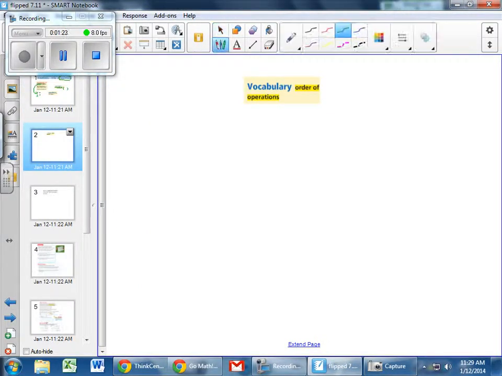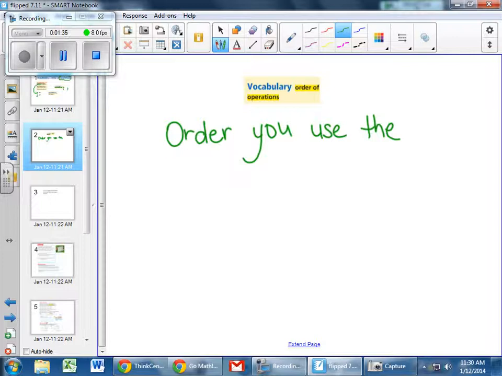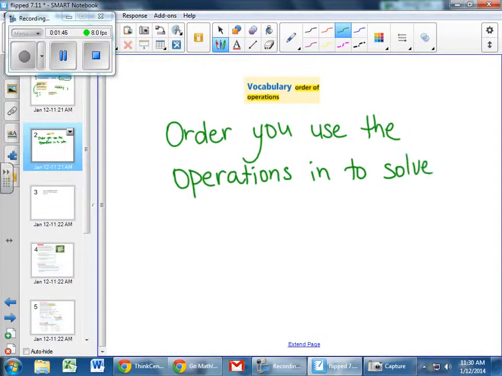Order of operations is the order you use the operations in to solve a problem. That might be something that you want to write on the top of your journal page because it will help you.